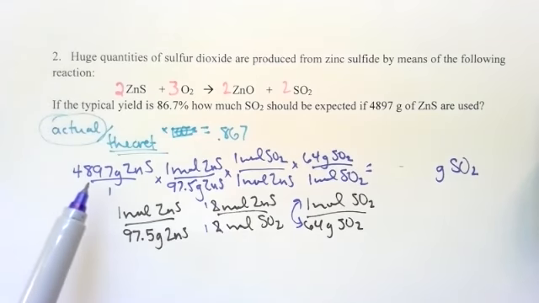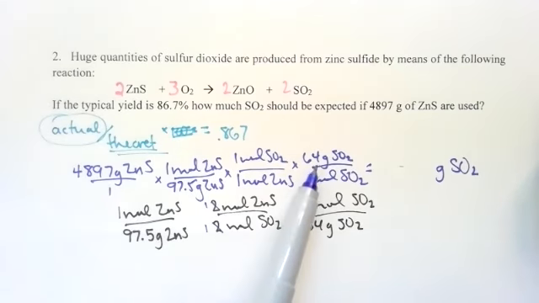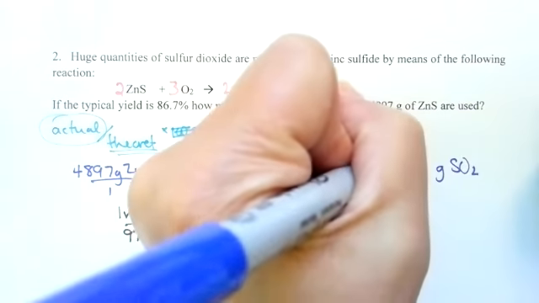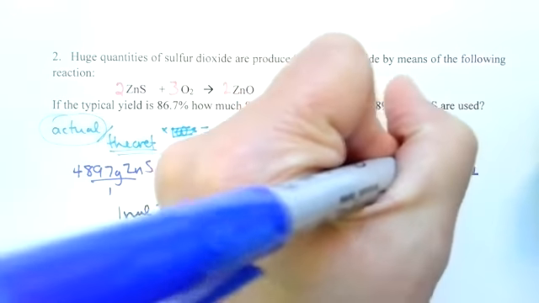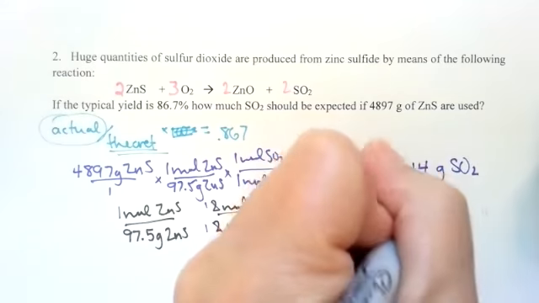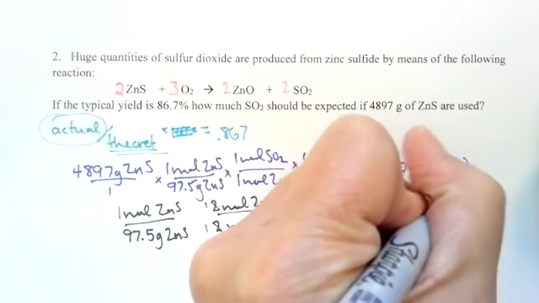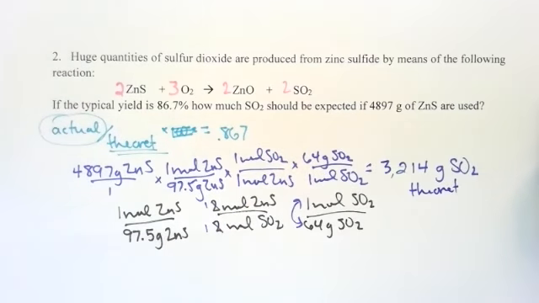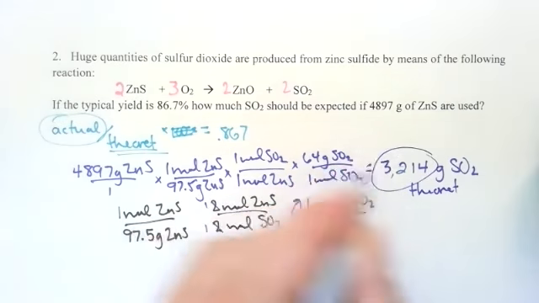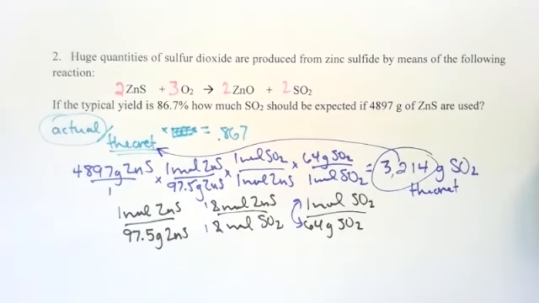Okay, so I was taking 4897 times 64 divided by 97.5, and I get 3,214 grams of SO2. This is my theoretical. So what I can do here is take this and plug this in back here.